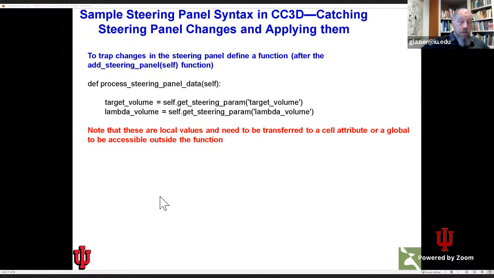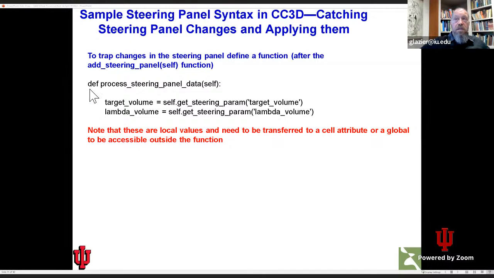Then I need to create a function that actually processes this. In the process steering panel, I have to do something. In this case, I'm not referencing the ones I just did; I picked a different set of examples. But here I have a variable named target volume, and a function, self.get steering parameter target volume.